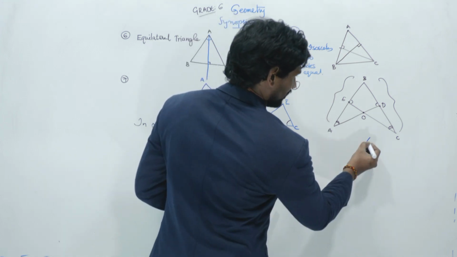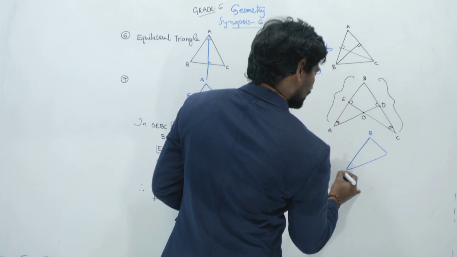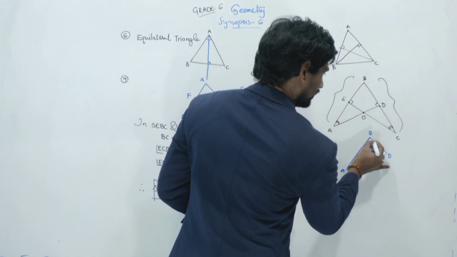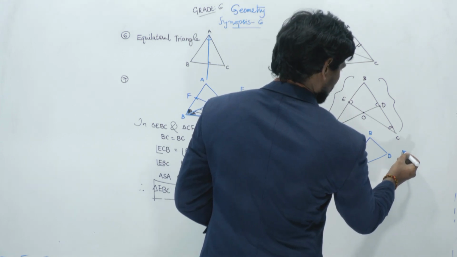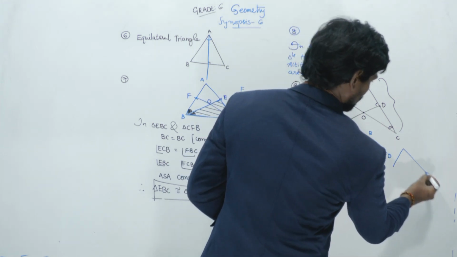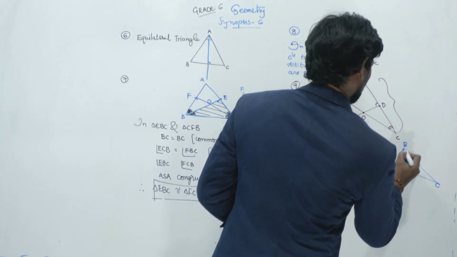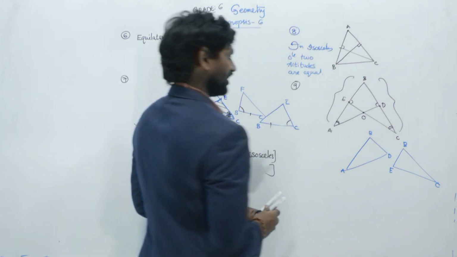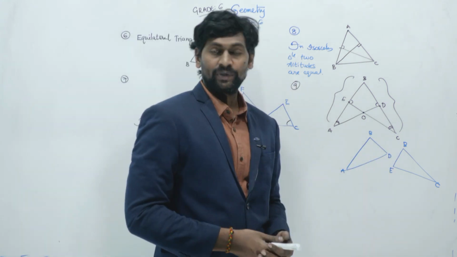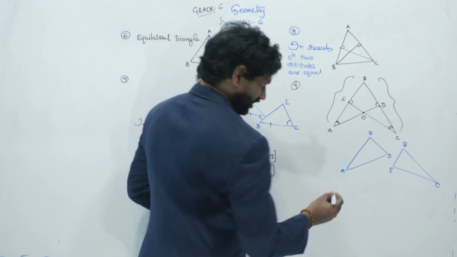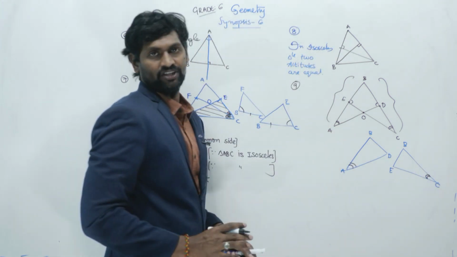ABD triangle is looking like this, and BCE. Right. Now while you are observing these two triangles separately, we know that angle A is equal to angle C. First measurement we got.